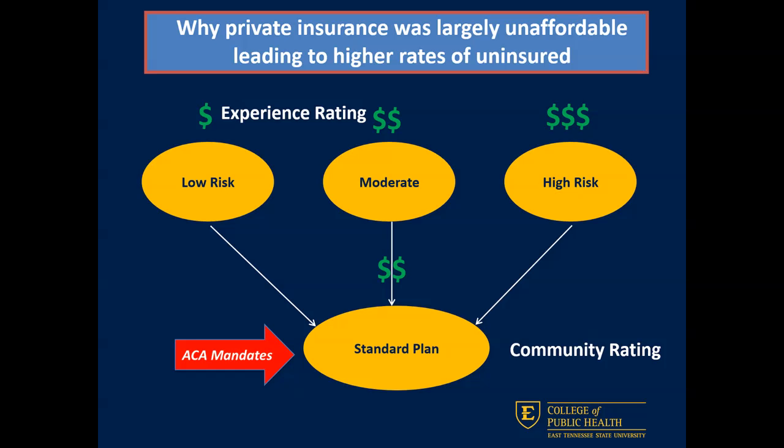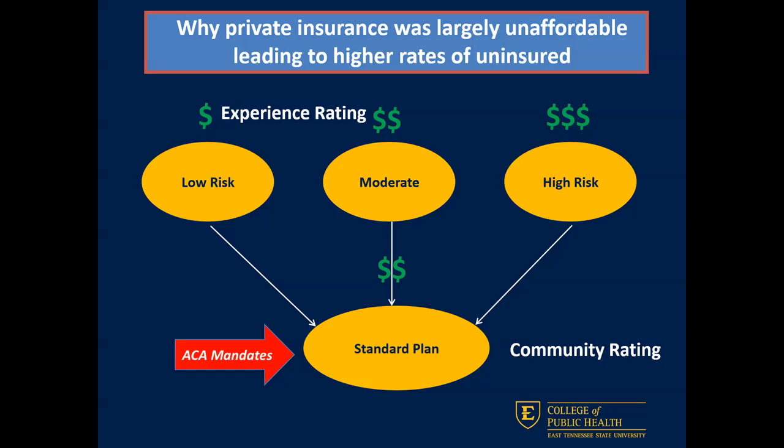Well, what happens to the other participants in the high risk pool when participants drop out? There are fewer people to spread that amount around amongst. So the people left, their premiums would go up, which would cause more people to drop out, which would cause premiums to go up again. It was just this domino effect that we saw, which was one of the driving forces behind the way the Affordable Care Act was designed.